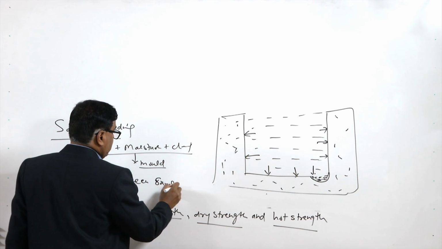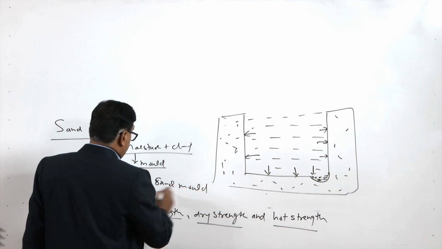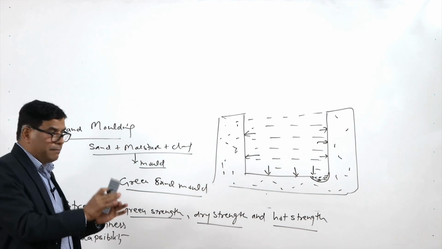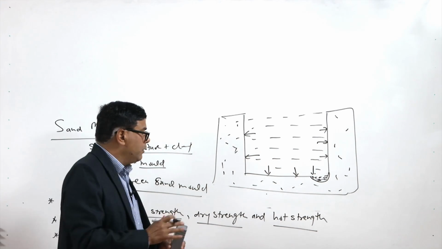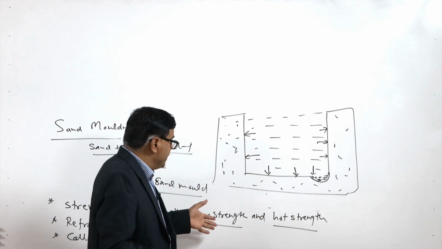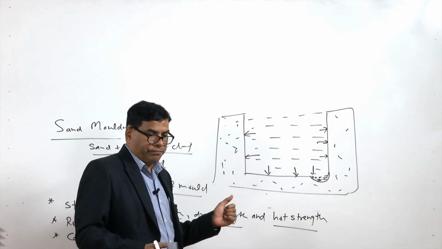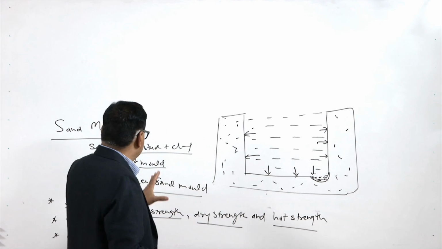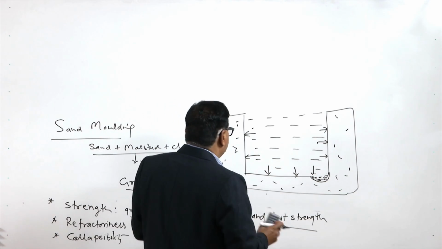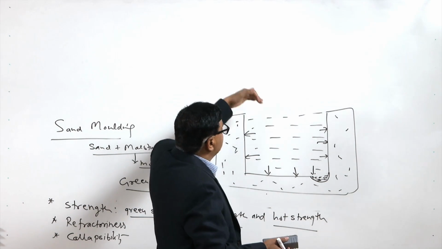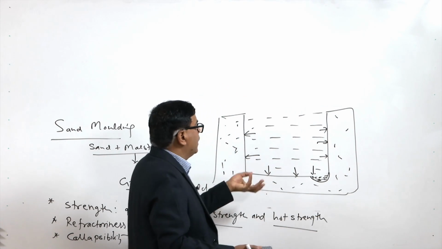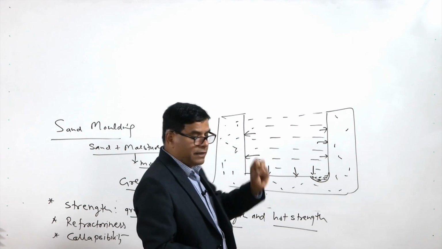Means the green sand mold is poured with the molten metal directly without permitting the baking or removal of the moisture. So, in that case, the freshly prepared mold is poured with the molten metal directly, and after the solidification we get the casting.